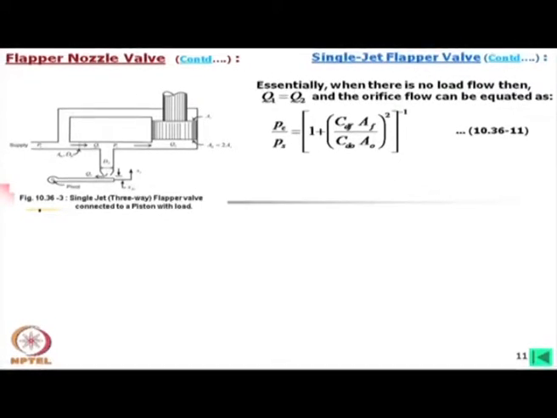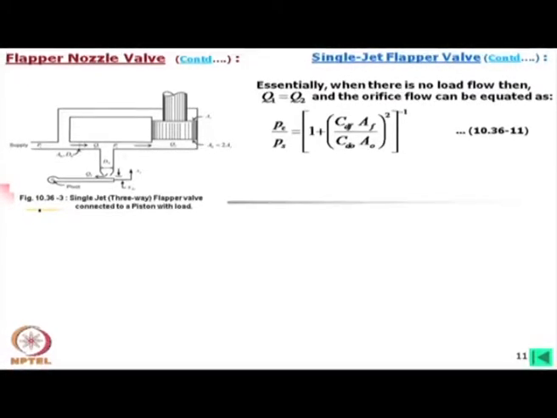Essentially, when there is no load flow, then Q1 is equal to Q2.